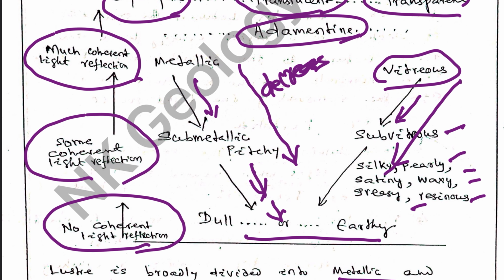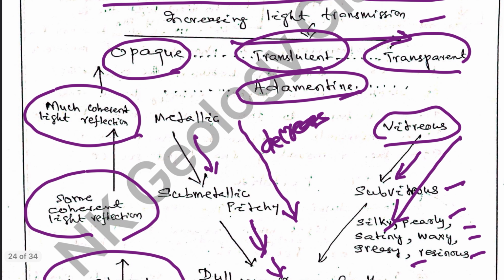There is much coherent light reflection, and if we take into account increasing light transmission, it begins from opaque minerals to highly transmission capacity in case of transparent minerals such as quartz or rock crystal, which is highly transparent. Similarly, Iceland spar in case of calcite, it is highly transparent.